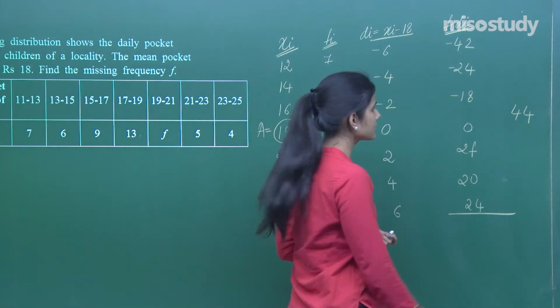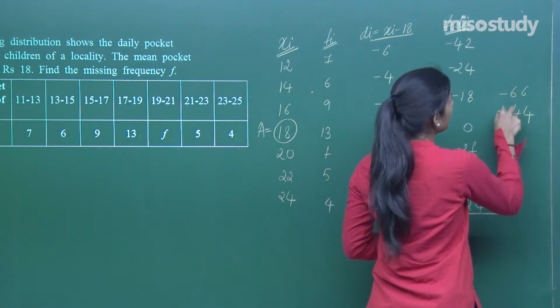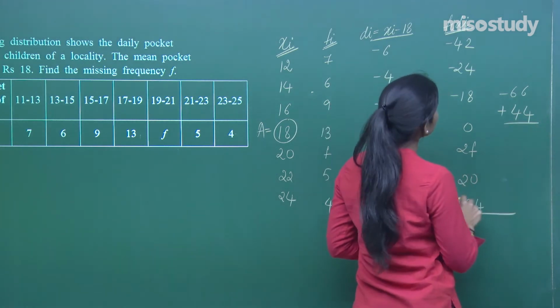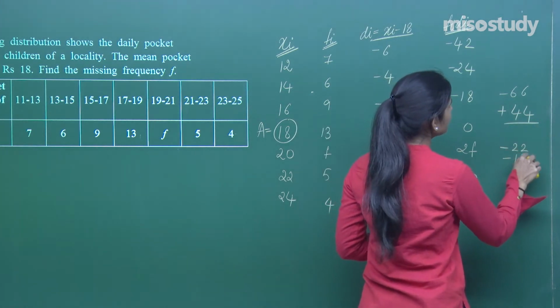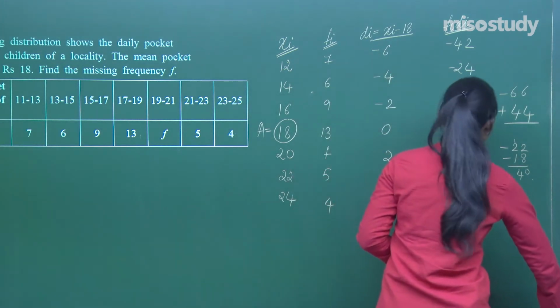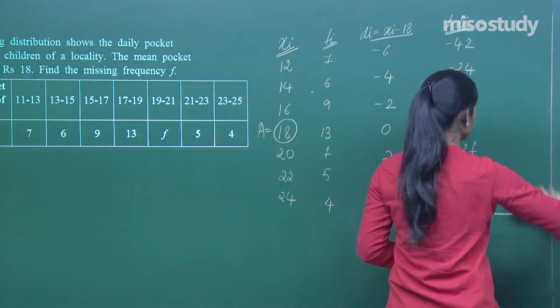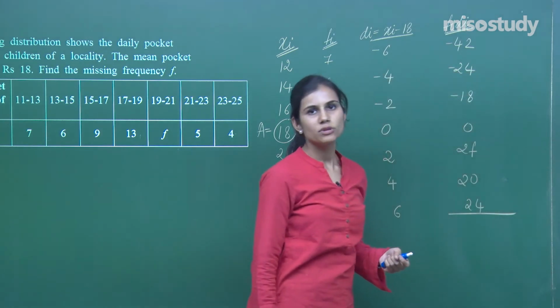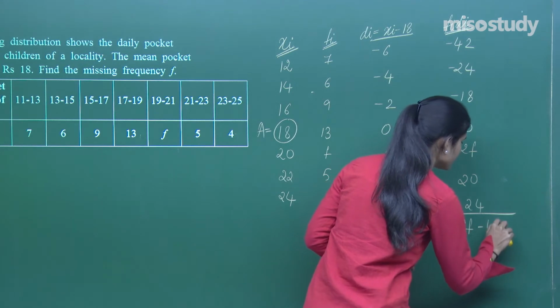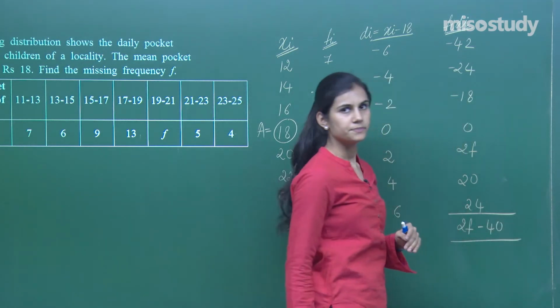Minus 66 plus 44 gives you minus 22. Minus 22 minus 18 gives you minus 40. So you have minus 40 plus 2f, or 2f minus 40.